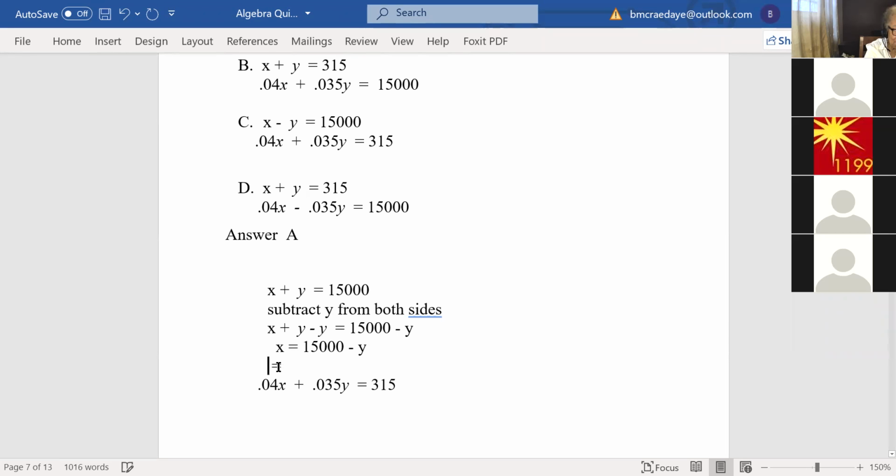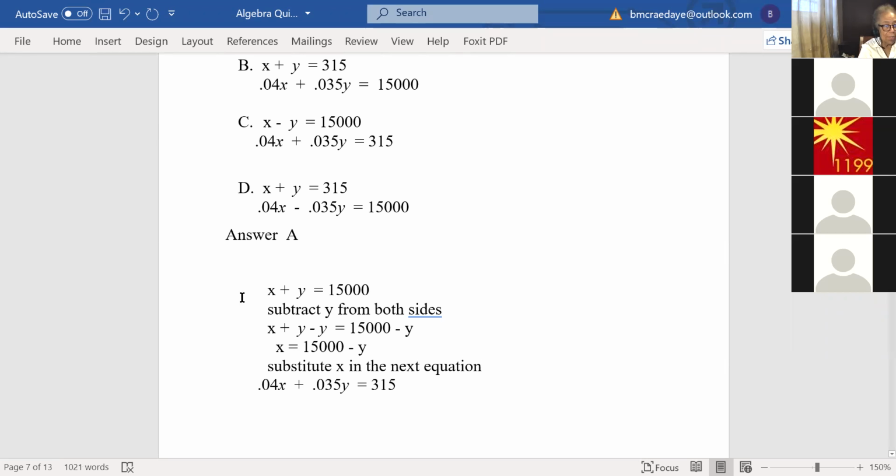Now, that means you can substitute that in the equation below. So let's substitute X in the next equation.